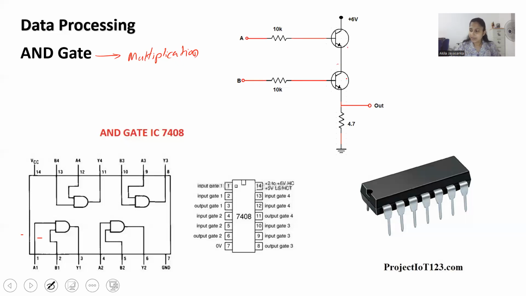Including several AND gates, we can create this IC. Each and every IC is integrated with several AND gates or OR gates or a combination of these gates.